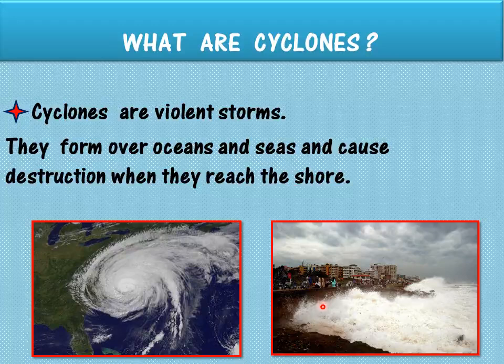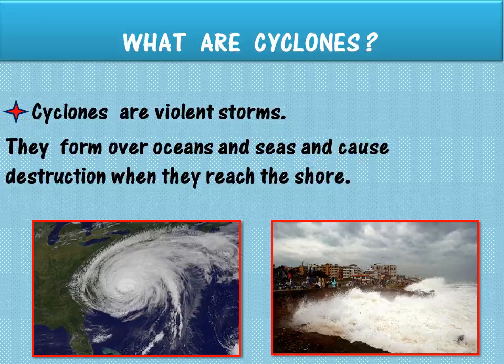It is a strong, violent wind or storm, which is causing what? A cyclone. What are cyclones? Cyclones are violent storms. They form over oceans and seas and cause destruction when they reach the seashore.